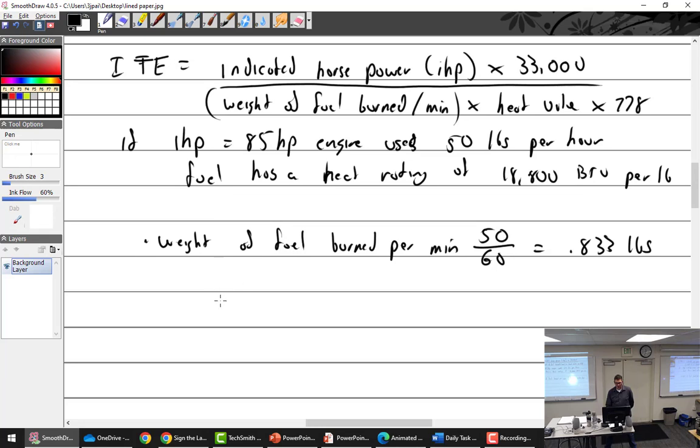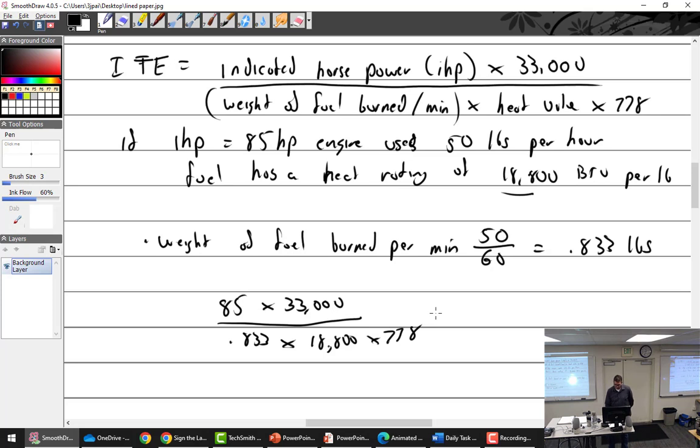So we have indicated horsepower is 85 times the constant, 33,000, divided by weight of fuel burned per minute, which is 0.833, times my heat value, which is 18,800, times a constant of 778.